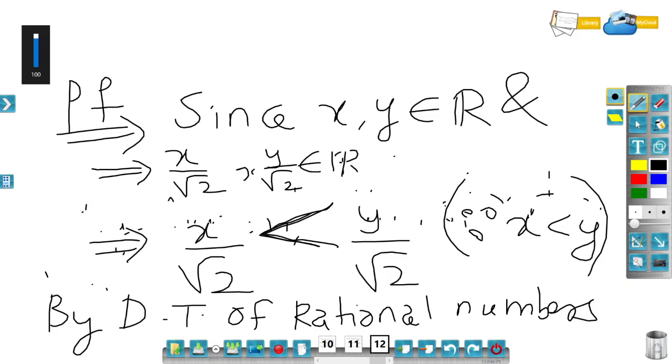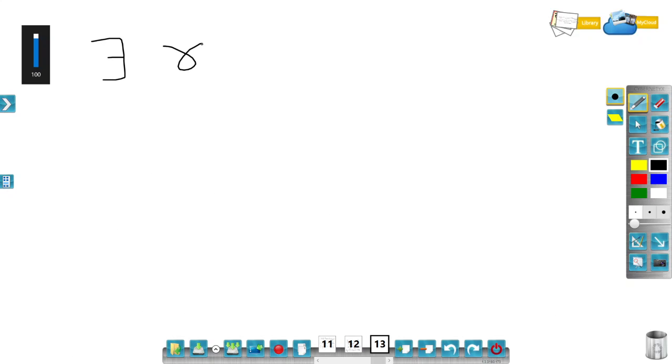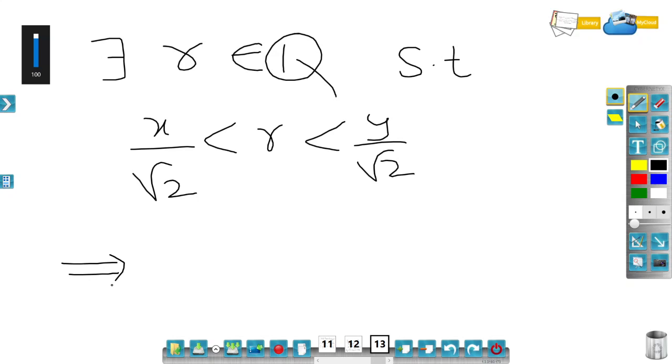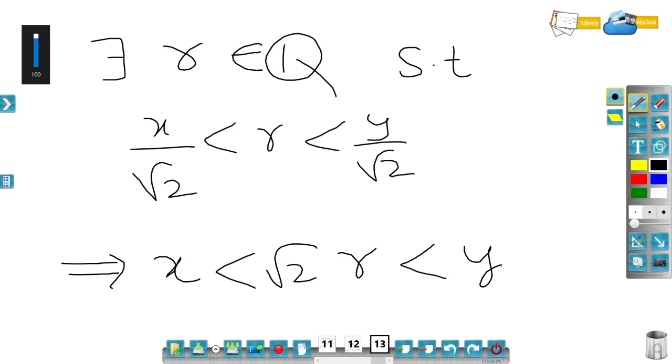There exists r belonging to the rationals such that x by root 2 is less than r less than y by root 2. Now I will multiply this inequality by root 2. I will get x less than root 2 times r less than y.